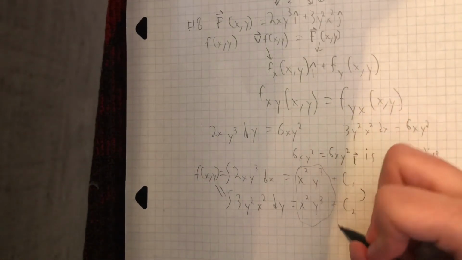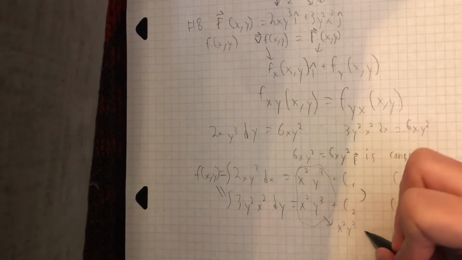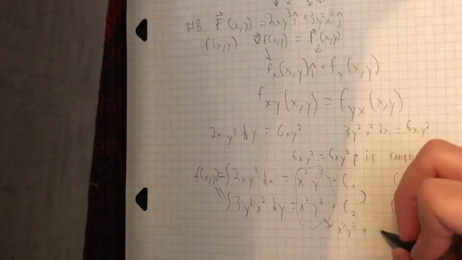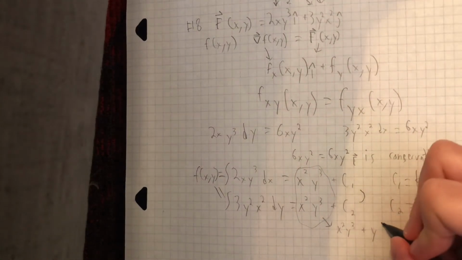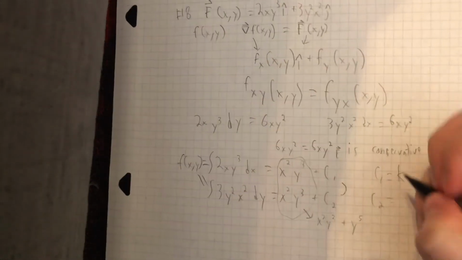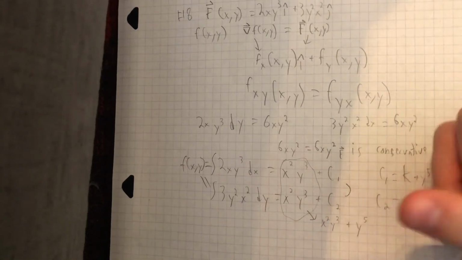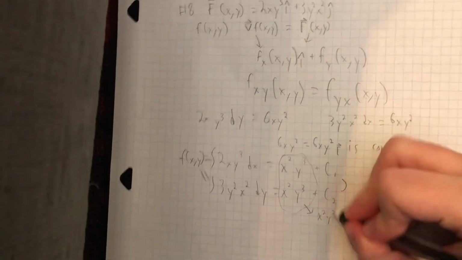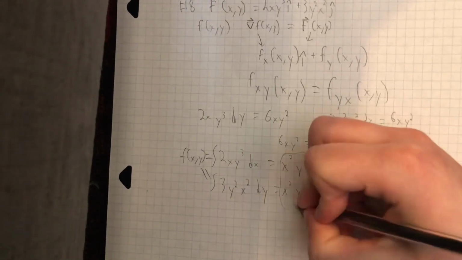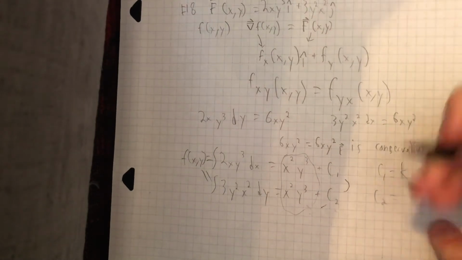If this was x squared y cubed plus, say, y to the fifth, then we do c1 equals k plus y to the fifth so that we can get all those terms included. But in this case, we don't need to do that because the conservative vector field is just very simple to solve here, which I'll take.